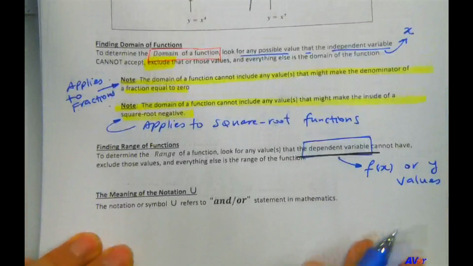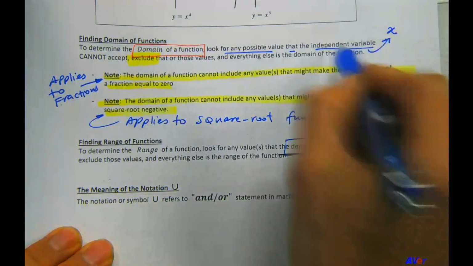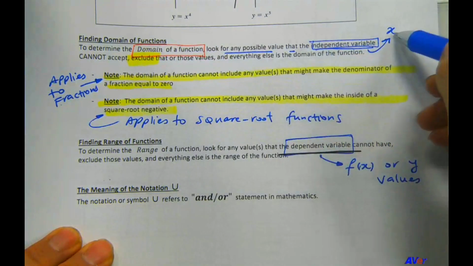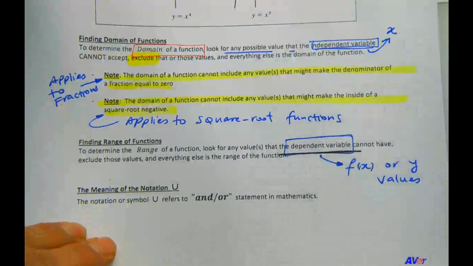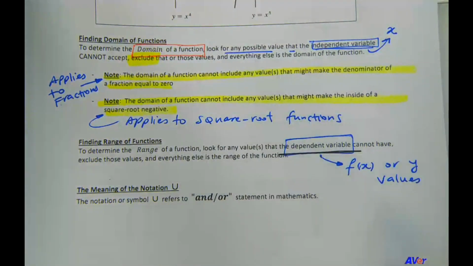When we talked about the independent variable, that's what we usually look at. But please keep in mind, the independent variable and the dependent variable can be renamed. So f of x could be g of x, or h of x, or d of x. It could be renamed.